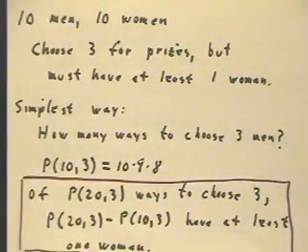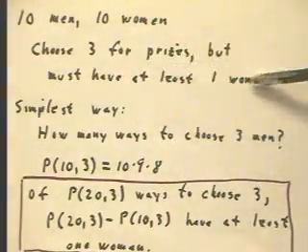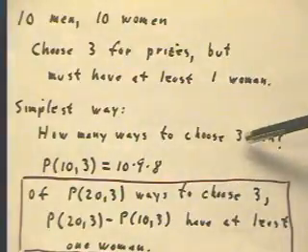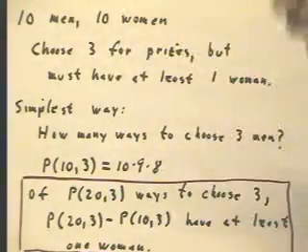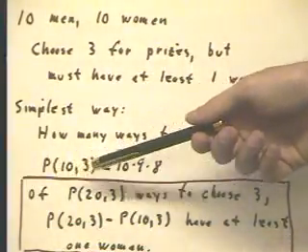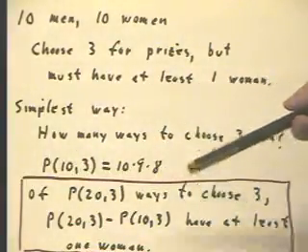The simplest way to analyze that, to see how many different ways there are to choose these 3 people, is to ask, how many ways are there to choose 3 men out of this group? There are 10 men, so there are P of 10, 3 ways to choose 3 men in order.